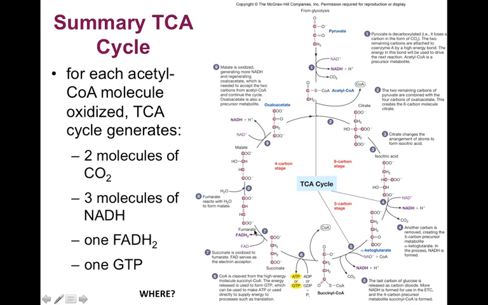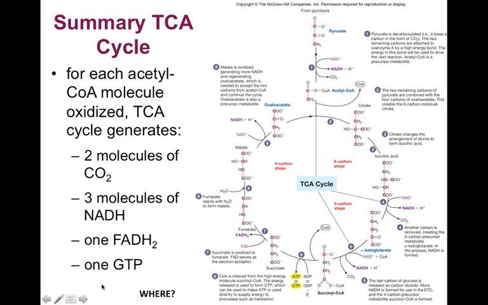Fumarate is converted to malate, and malate is converted to oxaloacetate, which is the starting of the cycle again. In that process, you get another NADH generated. Overall, with one turn of the cycle, you get 3 NADH, not including the NADH from generating acetyl-CoA. So you get 3 NADH, 1 FADH2, and 1 ATP.